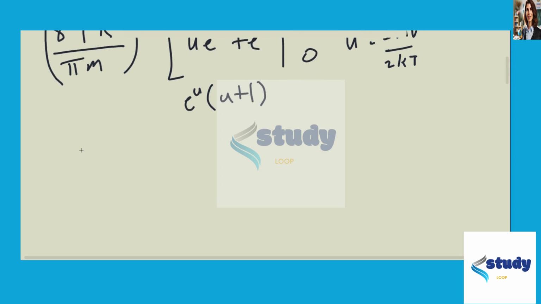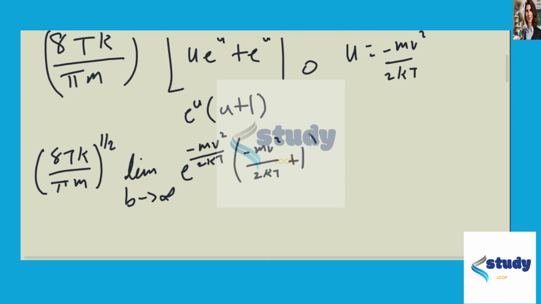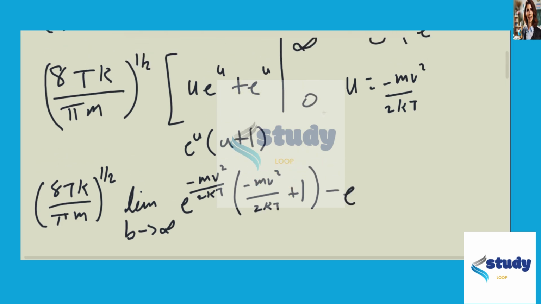So that means that I have 8kt over pi m to the 1/2. I'm sorry, I want a limit actually. The limit, I'm going to use b as b approaches infinity, and I'm just going to write all this in terms of v. So I have e to the negative mv squared over 2kt times negative mv squared over 2kt minus 1, minus e to the, well, I'm just plugging in 0, right?